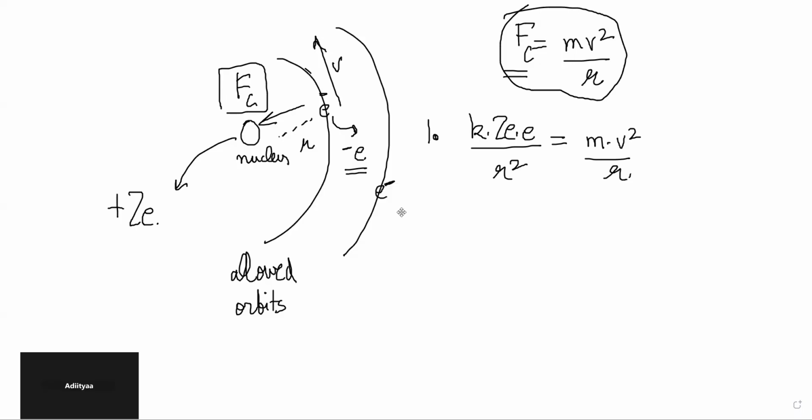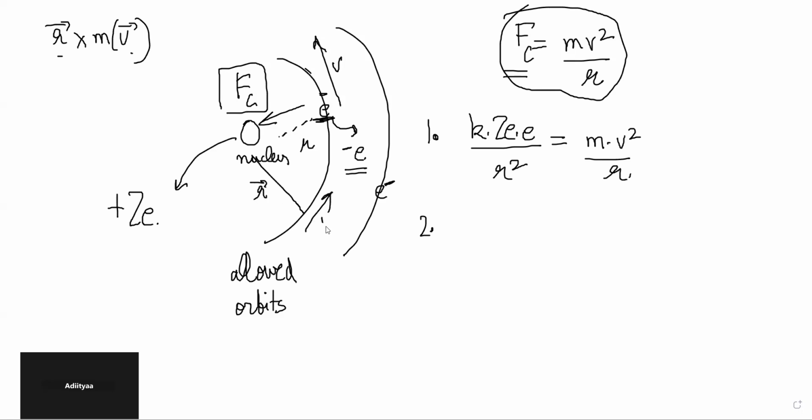Next thing is, while you are in this orbit, the angular momentum of the electron, which is actually r cross p, so technically it is r cross mv. But r and v are perpendicular to each other, right?